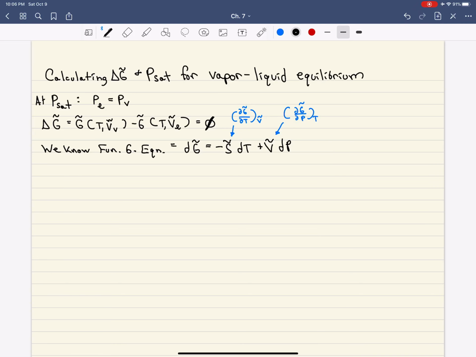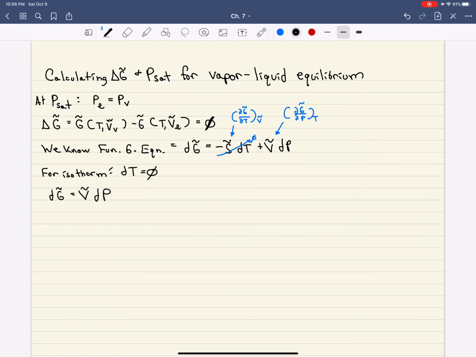So we're going to do this at a constant temperature. And so if we're doing it at an isotherm, that means that our dT term is equal to 0. So this term is going to go away. Right? And so when we're calculating delta G for the isotherm, really all we care about is this part.